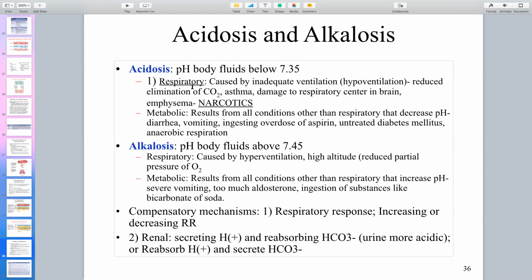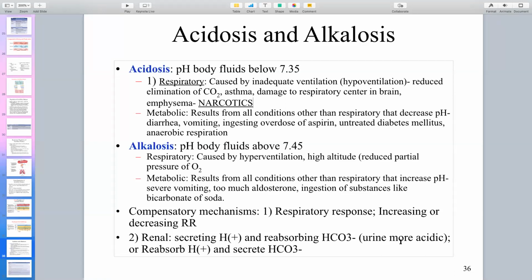So what happens when we have an increased amount of hydrogens? Well, the kidneys will secrete more hydrogens into the tubules. They also reabsorb more bicarbonate. By doing that, it makes the urine more acidic, so we can urinate out excess hydrogen.